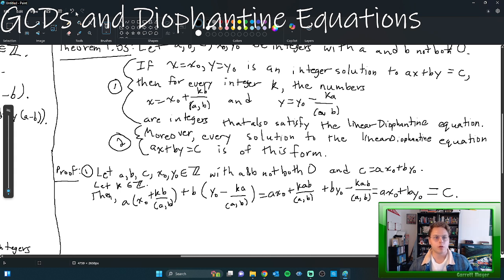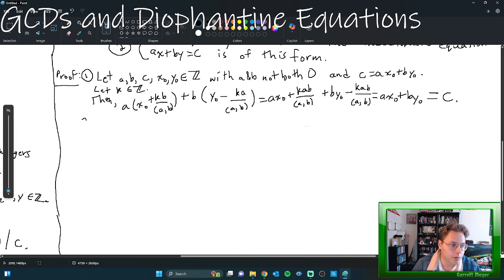So basically what we've proved is that this formula in the theorem gives us another pair of integers that still equals c. Now the next thing that we're going to show is that every single integer solution to this Diophantine equation is of this form: one of the solutions plus k times b over the GCD, and that solution's y coordinate minus ka divided by the GCD of a and b.